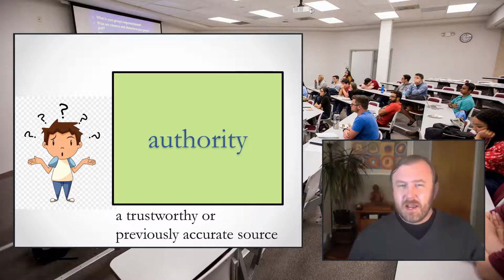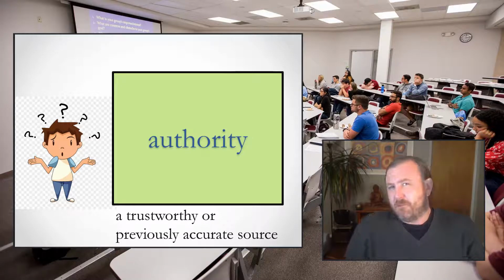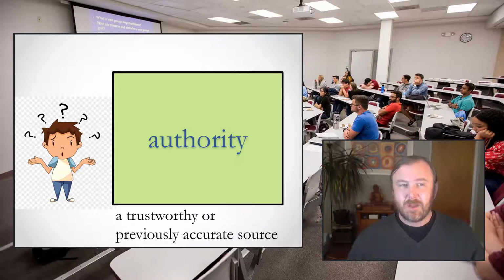However, authority isn't always the correct way. I mean, people can be wrong. Authority figures can be wrong. Just because they have expertise in an area doesn't mean they're right.